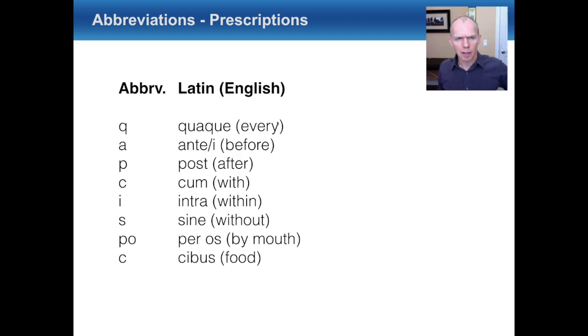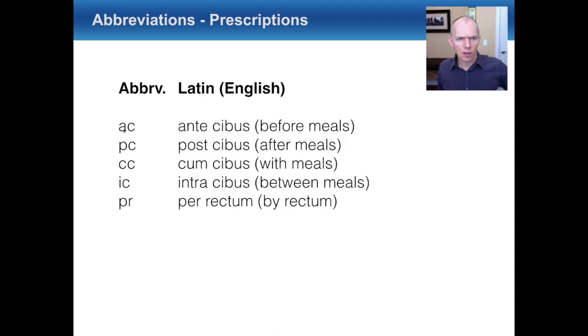I'm not going to deliberately try to make it tricky, but what you can do is look on the left-hand side for the abbreviation, and it explains the Latin and the English terms on the right. For example, here, if you recommended 1 teaspoon AC of the herb, that would be 1 teaspoon before meals.